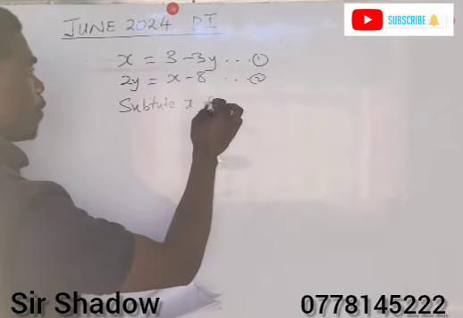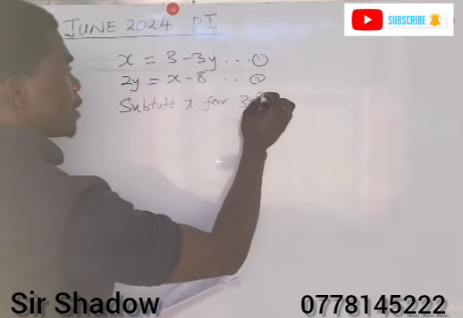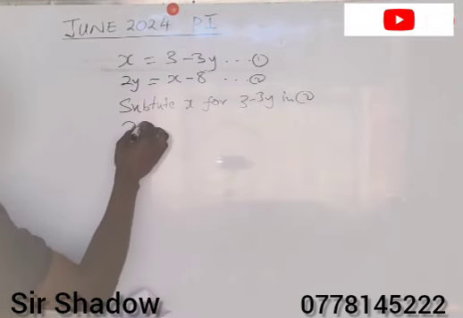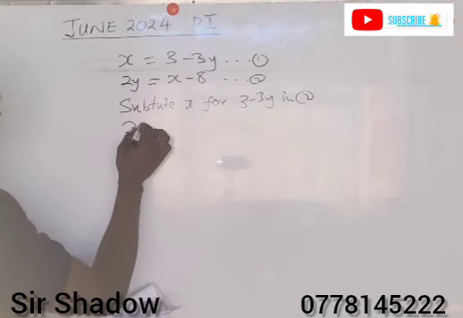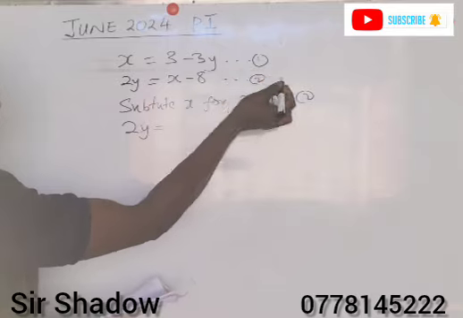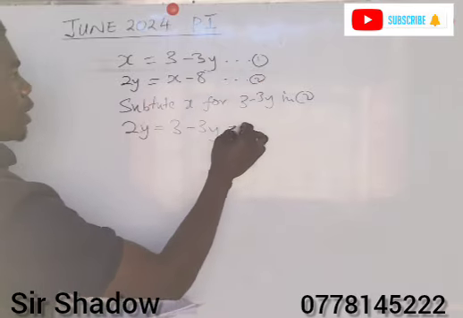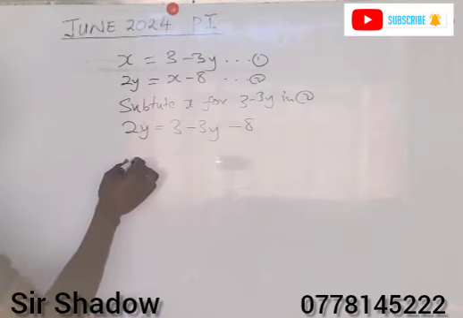So we substitute x for 3 minus 3y in equation 2. So 2y is equal to, instead of writing x, we write 3 minus 3y, then subtract 8.